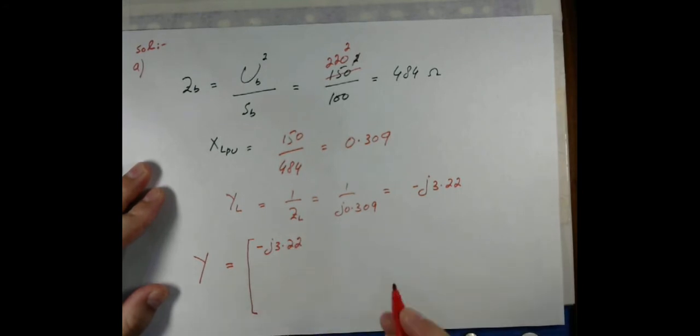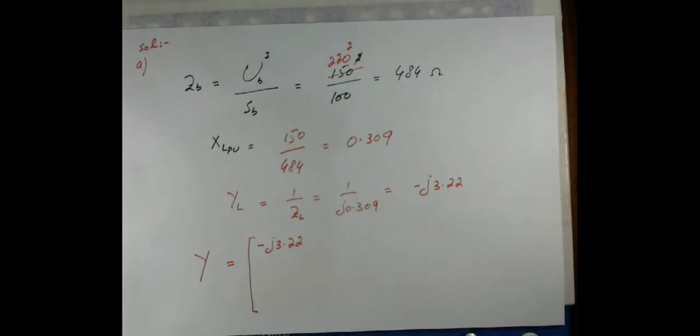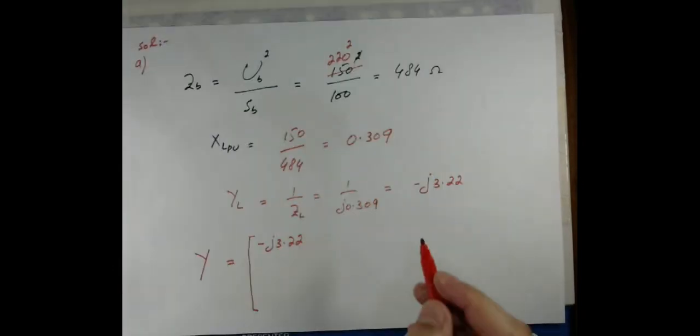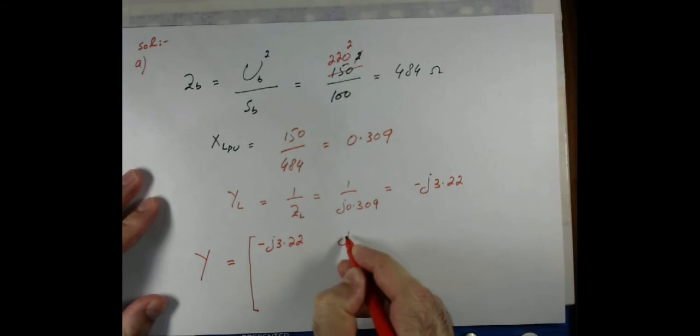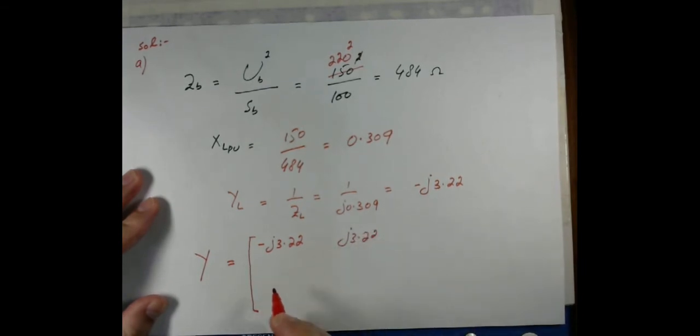The second entry is the negative sum of the admittances connected between the two buses. With the negative sign multiplied with this negative, it becomes positive, so that will be J 3.22. If you remember, we discussed that the bus admittance matrix is a symmetrical matrix, so these two entries will be the same.